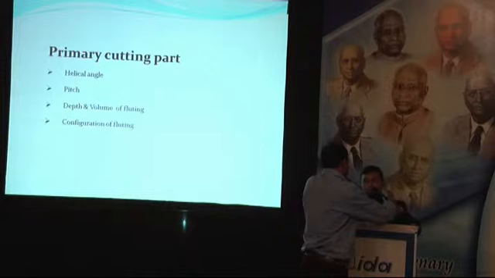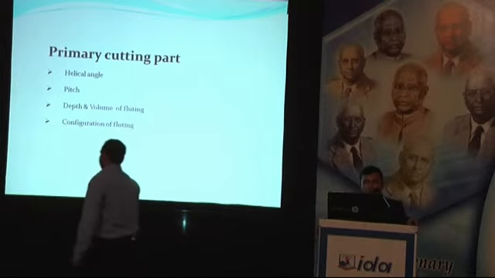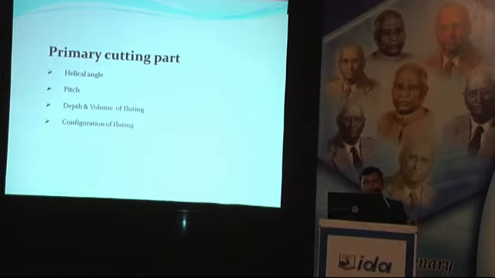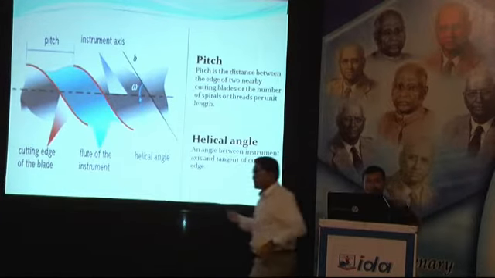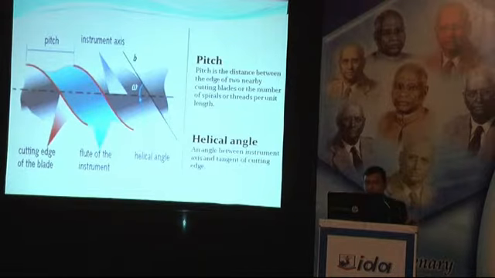Primary cutting part: helical angle, pitch, depth and volume of fluting, configuration of fluting. Pitch is the distance between the edges of two nearby cutting blades, or the number of spirals of flute per unit length. Helical angle is the angle between the instrument axis and the tangent of the cutting edge.